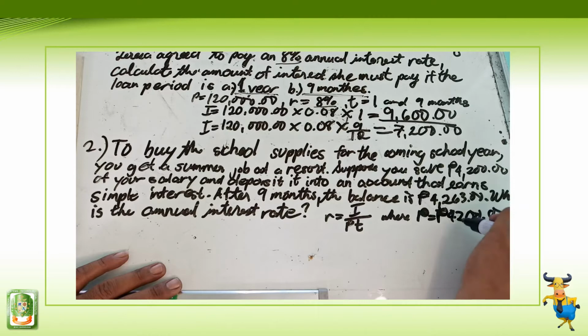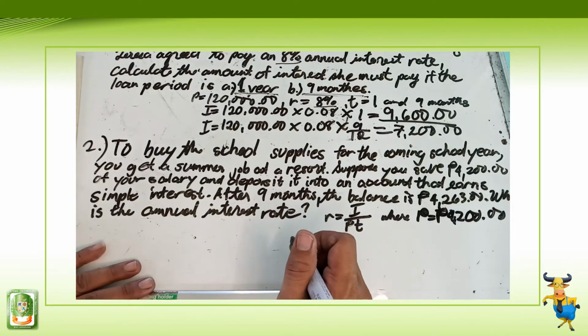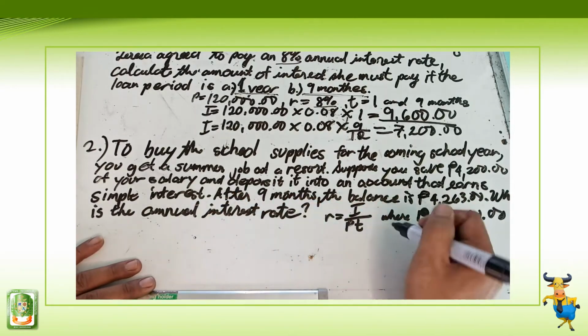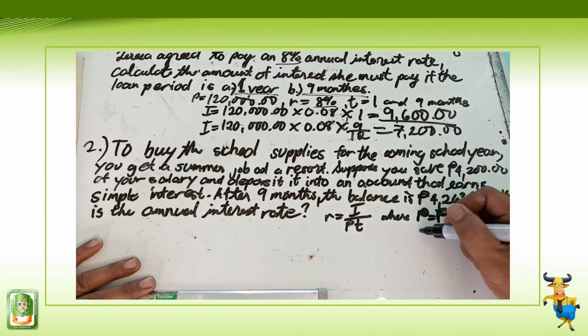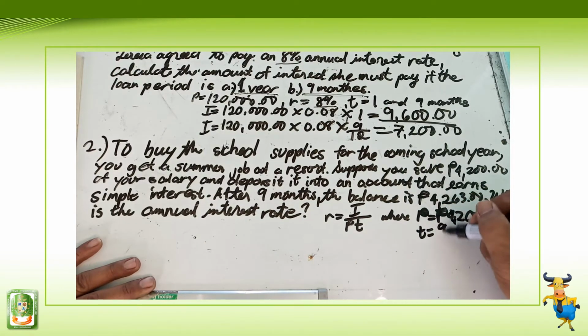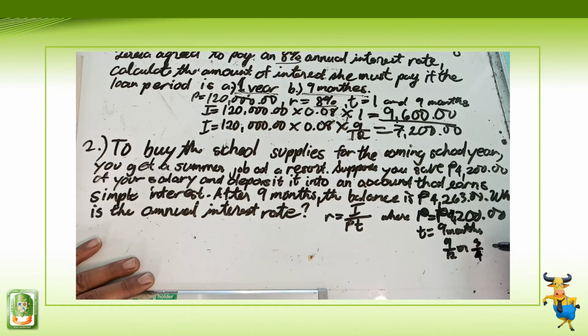Yan ang naging principal mo, no? Nung nagtrabaho ka. So, ang time natin dito, ilan? 9 months. And then, sa loob ng 9 months, meron tayong 12 months. So, magiging 9 over 12 or 3 over 4. Simplest form of 9 over 12 is 3 over 4.